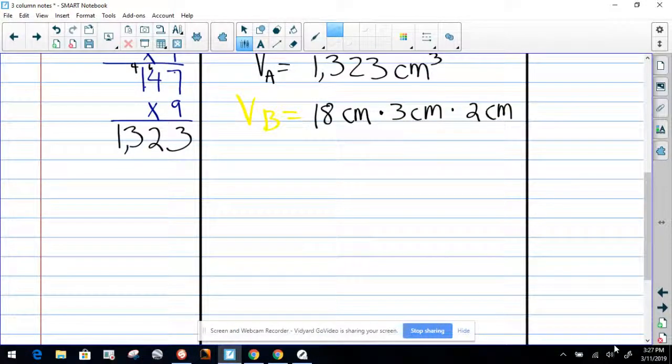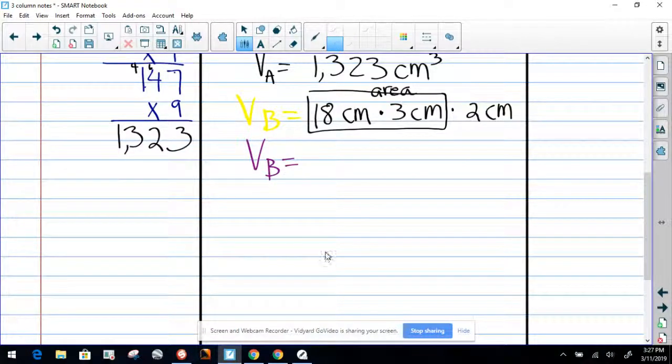So now that we have that information, let's find the area. Which one is the area? When you multiply the first 2 dimensions, that's the area. So volume for figure B equals 3 times 8 equals 24. You carry 2 over. 3 times 1 equals 3, plus 2 equals 5. 54 what? 54 square units. Why? Because I multiplied 2 dimensions.